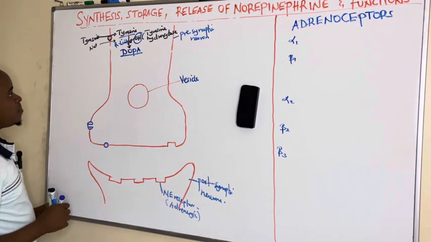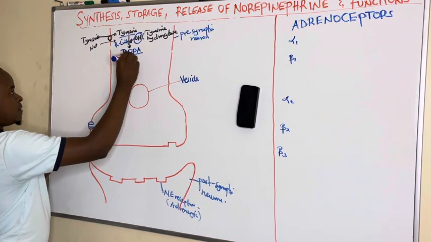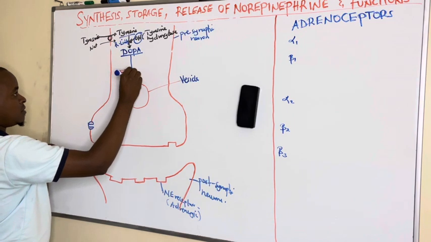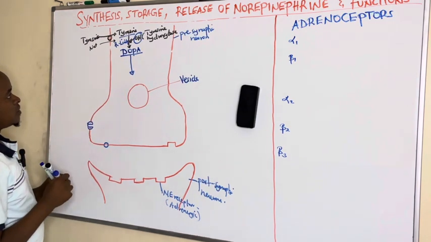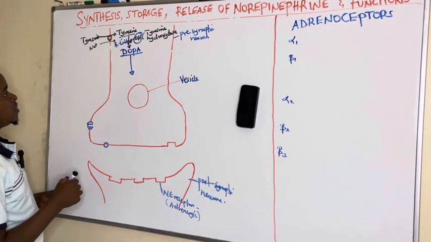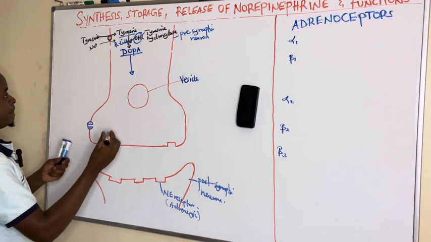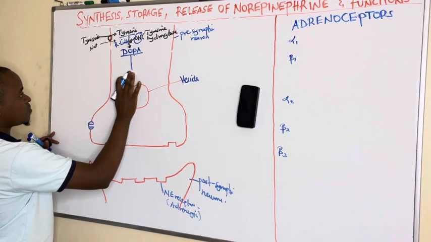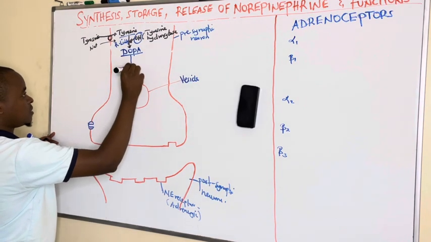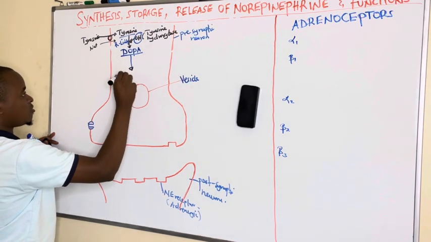After forming DOPA, it is decarboxylated to dopamine.